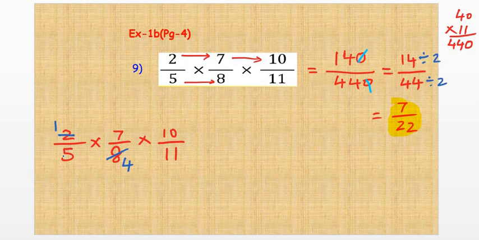Here one denominator is 5 and one numerator is 10. So 5 and 10 could also be simplified with each other. So 5 times 1 is 5 and 5 times 2 is 10. Now I got 2 and 4. So 2 and 4 could also be simplified by the times table of 2. So 2 divided by 2 will give us 1 and 4 divided by 2 will give us 2.